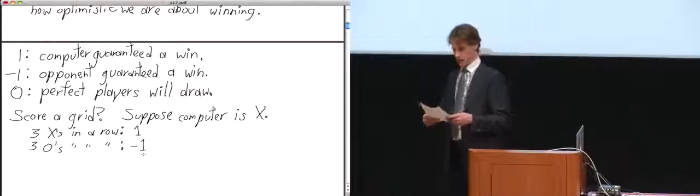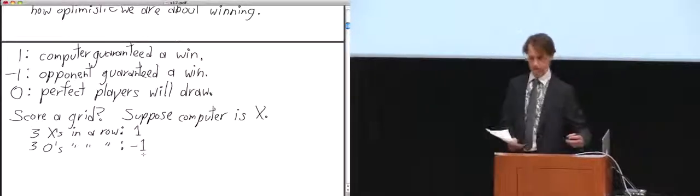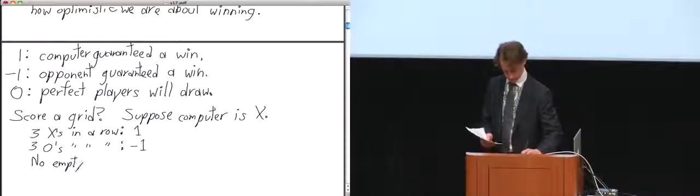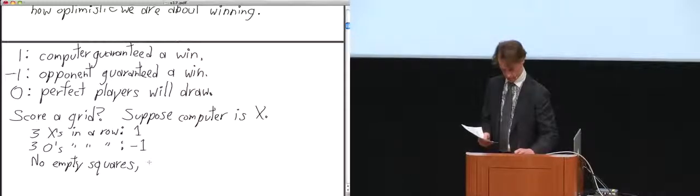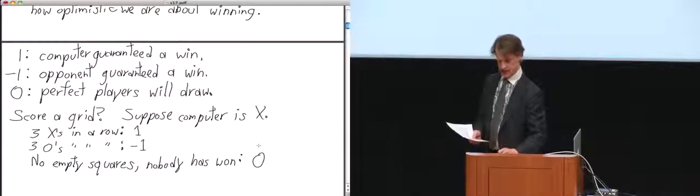If the grid is full, all 9 squares have been taken with X's and O's, and nobody has 3 X's or 3 O's in a row, then the game is over and it's a draw. So we assign that grid a 0.